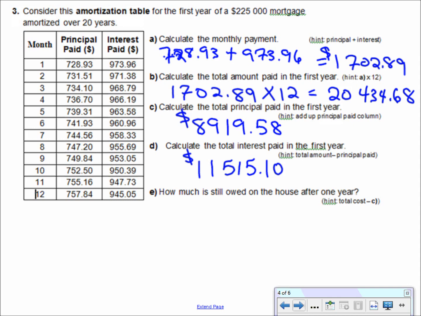Okay. How much is still owed on the house after 1 year? So all you need to do now is, it says right here, take the total cost, which we did up here, how much we paid, so the $20,434.68, and we're going to subtract number C, which is our principal, $8,919.58.